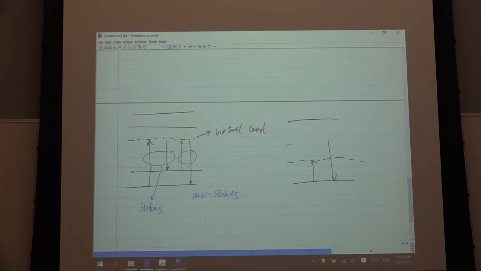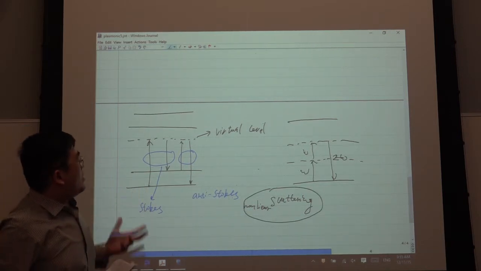This is omega. This is omega. The emission is 2 omega. This is a pure scattering process, or nonlinear scattering process. No absorption, no very strong absorption.